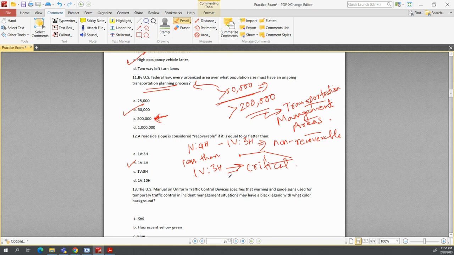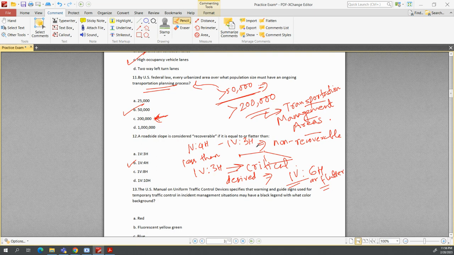If it is steeper than 1 vertical to 3 horizontal, then it is critical. Also, you need to remember desired. What is the desired one? If it is 1 vertical to 6 horizontal or flatter, this is desired. So you know what is recoverable, non-recoverable, and what is critical.